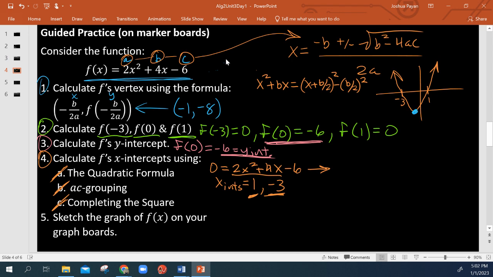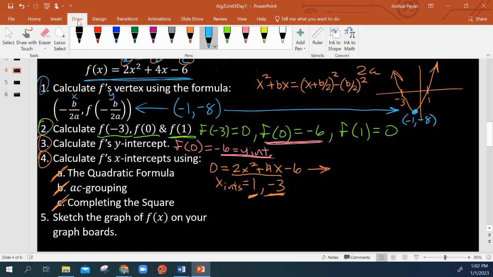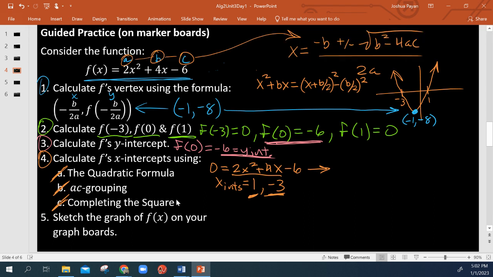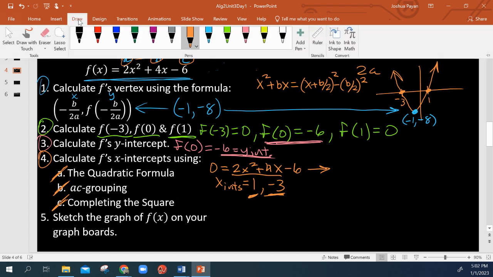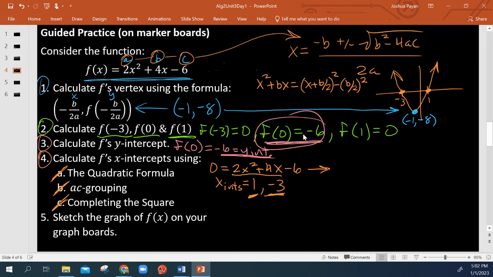So we know our vertex is right over here at negative 1 by negative 8. We know our x-intercepts are at negative 3 and positive 1, right? And of course, we know our y-intercept is right there at negative 6.